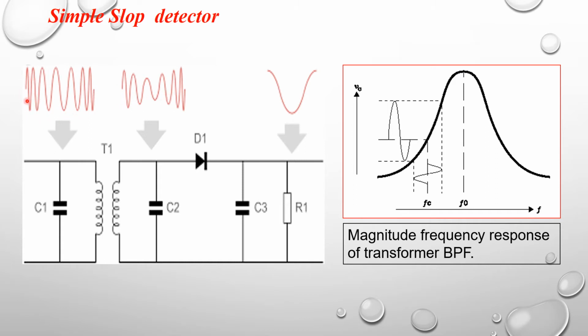Here this is the maximum frequency, this is the minimum frequency, and again this is the maximum frequency. Across the C2 capacitor we receive the AM signal. So whenever the input frequency is maximum, we receive the maximum amplitude signal.